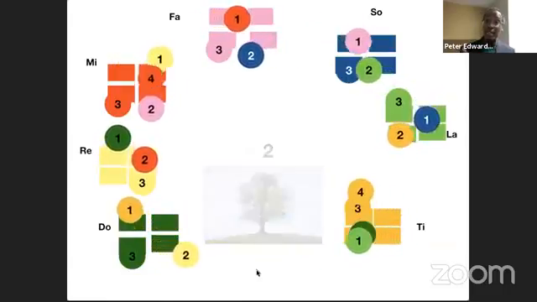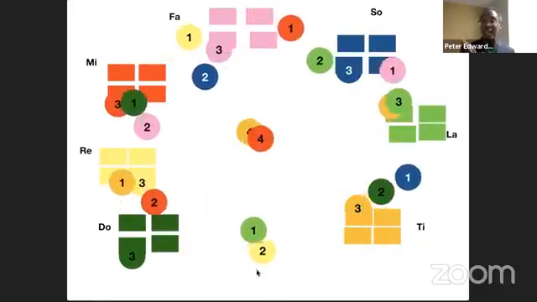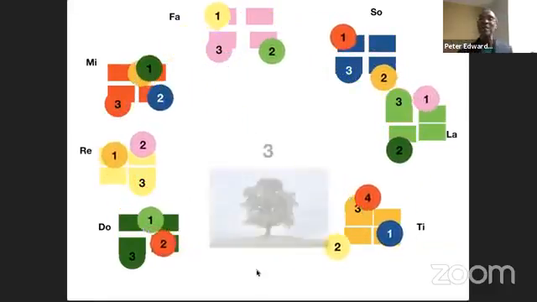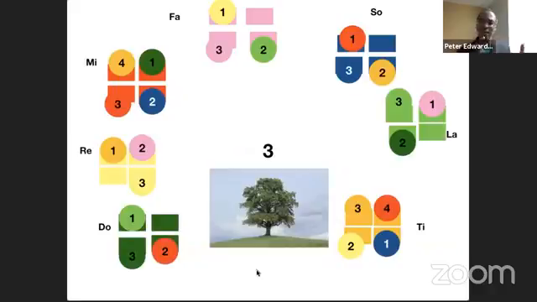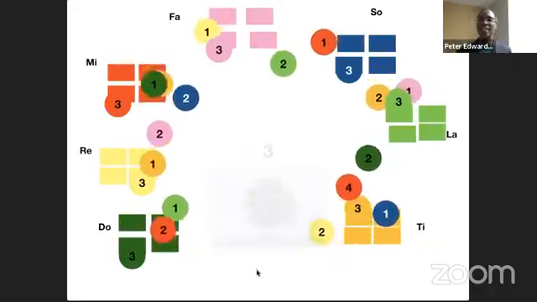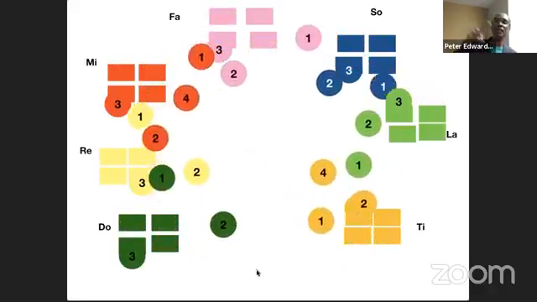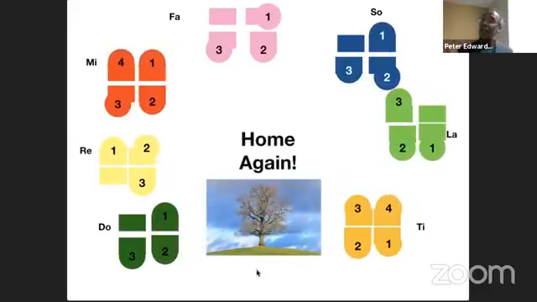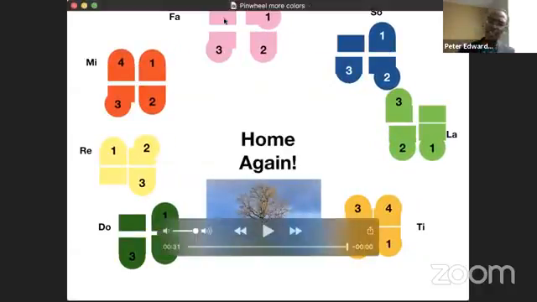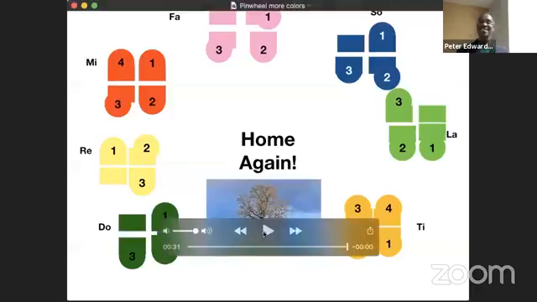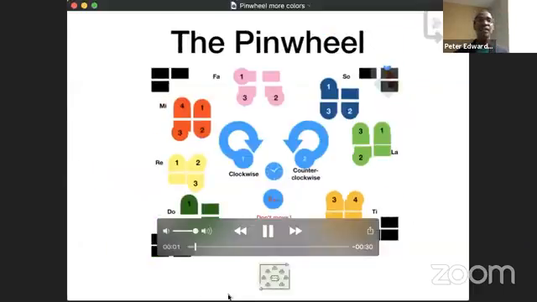You'll also notice that the number fours can switch like every other time, and they can just switch places so that the number 3 and the number 4 are not always together. But you'll see that they all switch. After a couple of times, look, they all go back home again. That's a key element, that you come back to your original group. Then you get to share what you've learned in your travels.